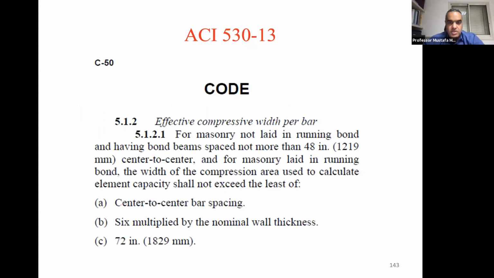So that's the effective compressive width per rebar. It depends on the center to center bar spacing. If we have one every cell or every two cells, it's 24 inches, a multiple of 8, typically 8-inch, 16, 24, 32, etc. Then it's 6 times the nominal wall thickness, which we just talked about, or 72 inches. We should go with the smaller one.